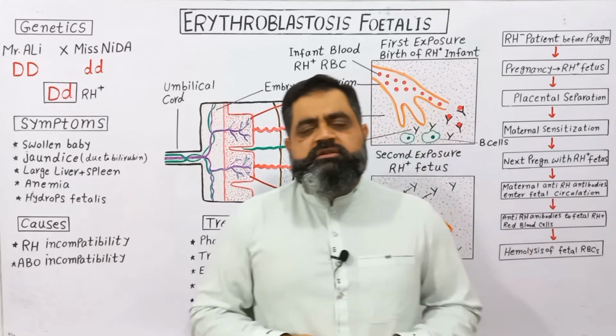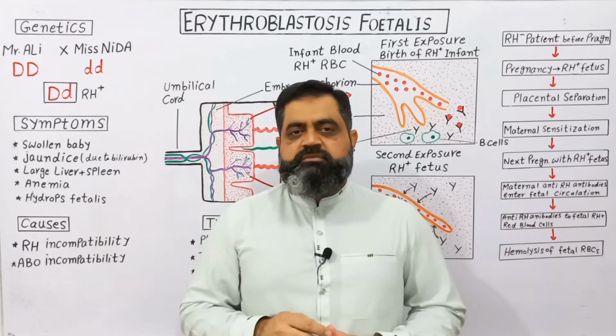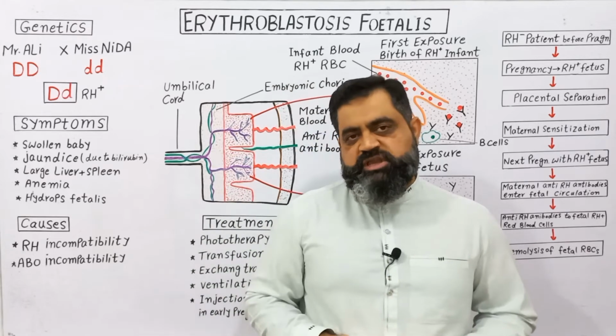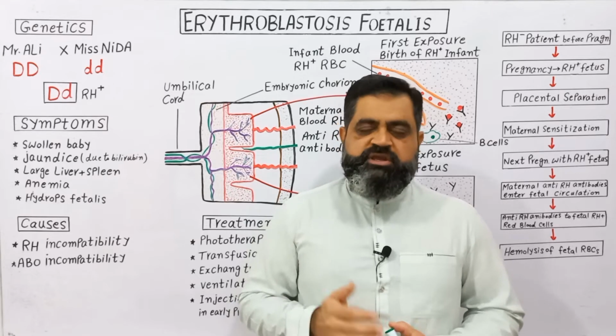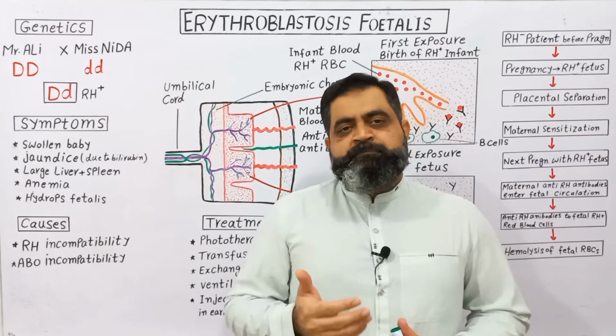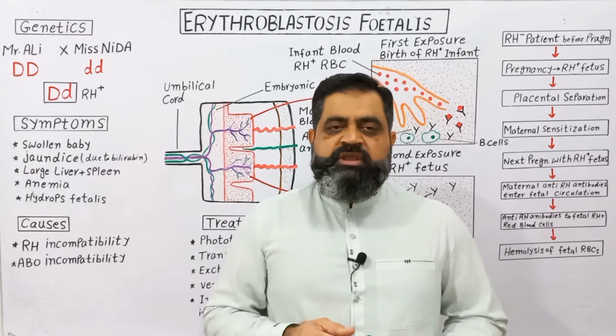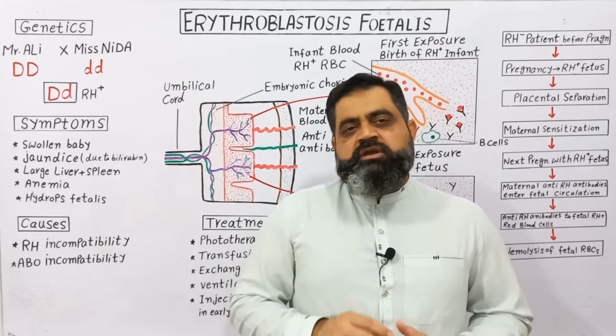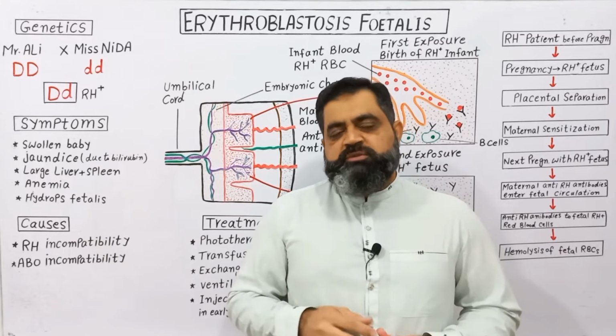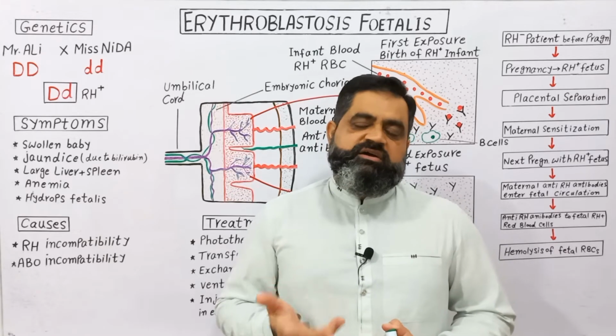As you know, there are two types of blood group systems commonly found in humans. The ABO blood group system has four blood groups: A, B, O, and AB. The second system is known as the Rh system, with two types: Rh positive and Rh negative.